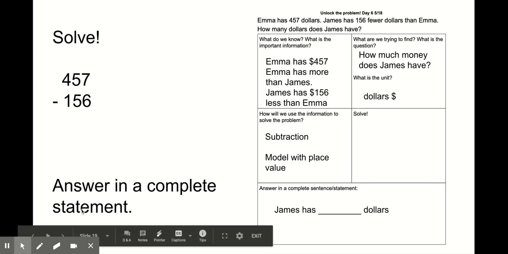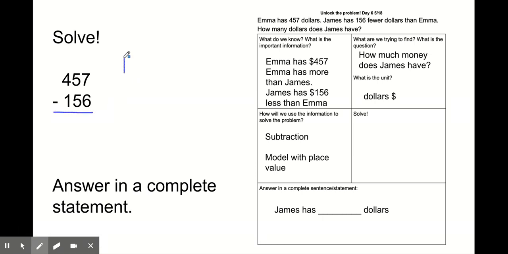Now it's time to solve the problem. Since I'm doing it with a place value chart, I will do hundreds, tens, ones. And then I'll use my model in the hundreds, tens, ones. All of my work would go right there.